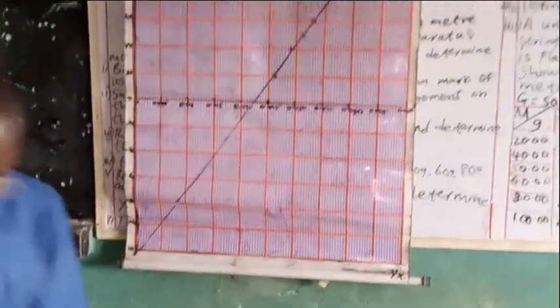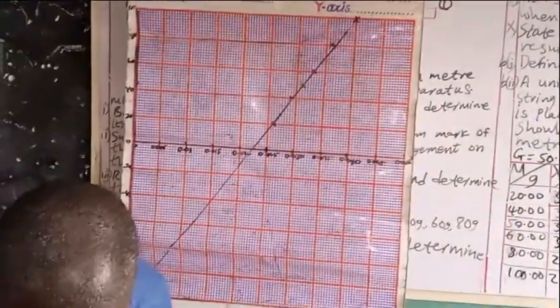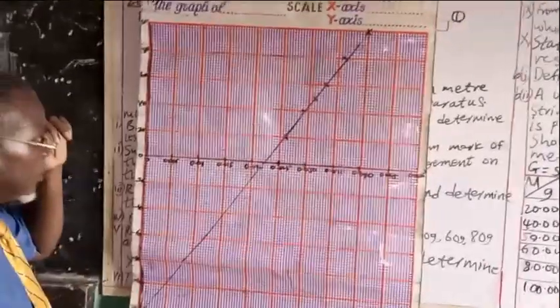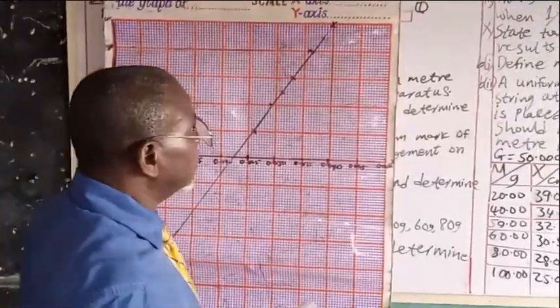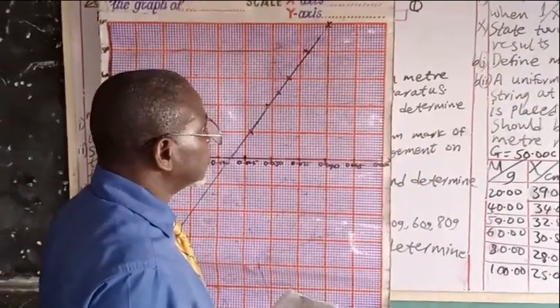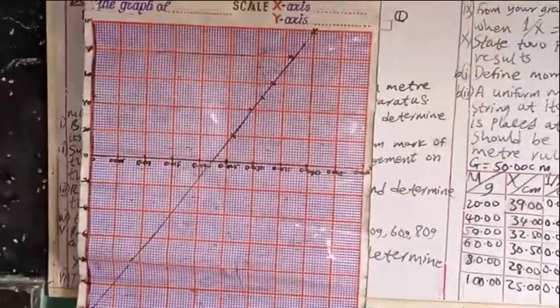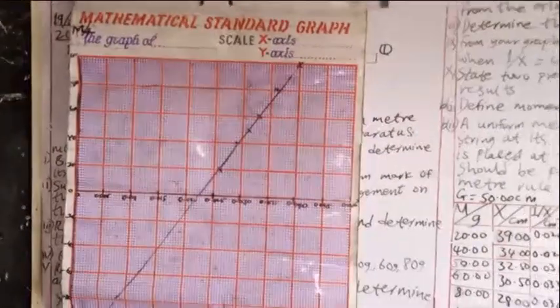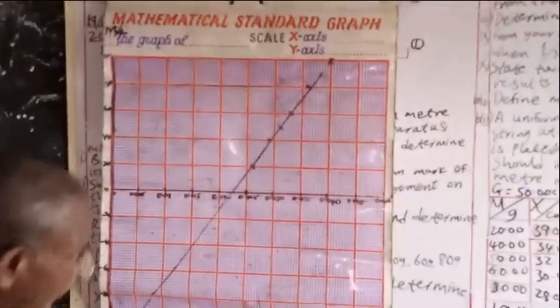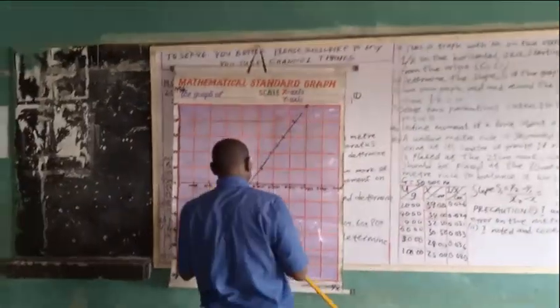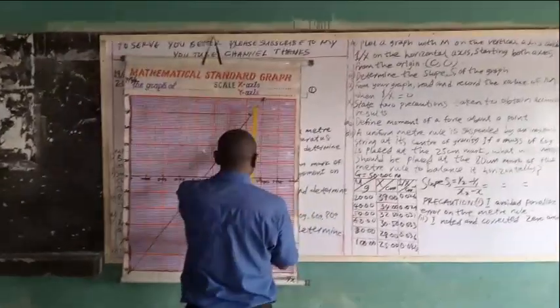So when we calculate the slope, we are going to draw a very big right angle triangle.